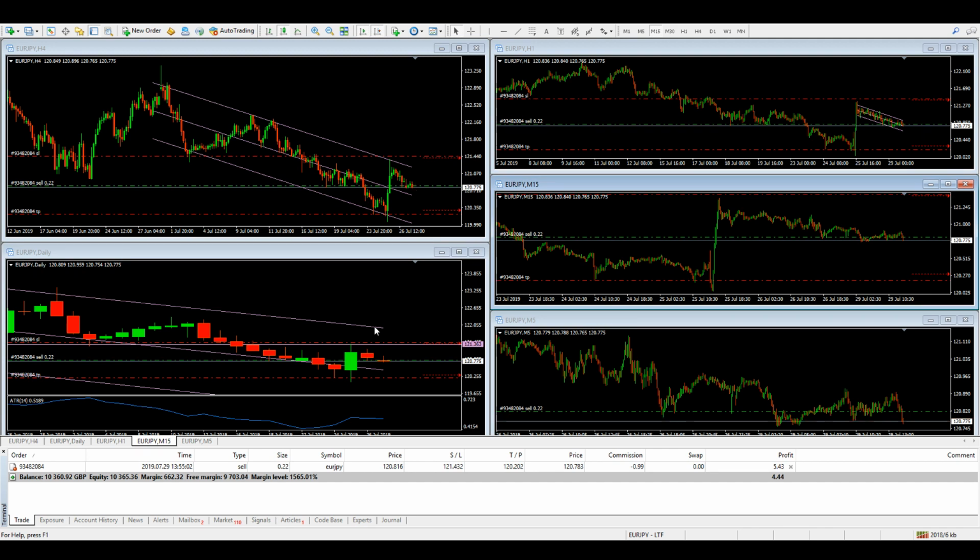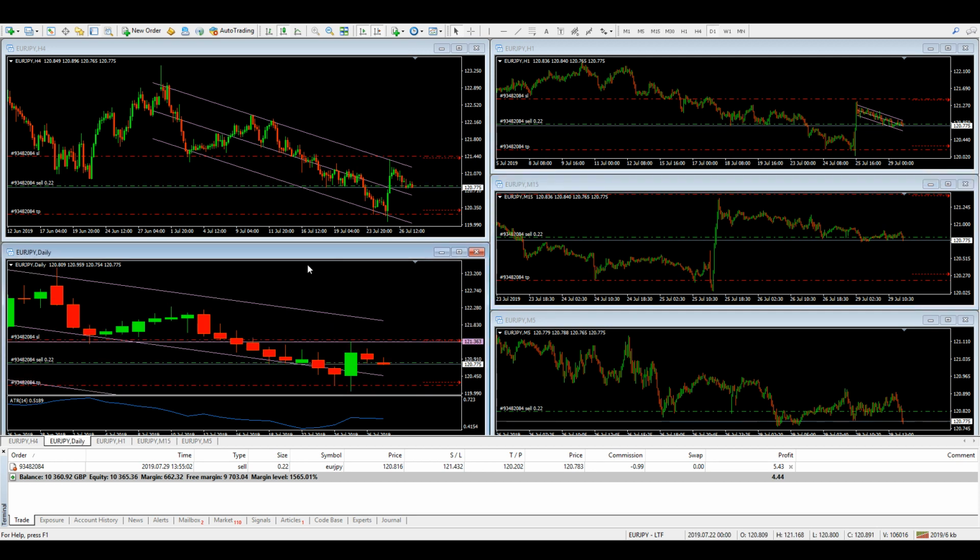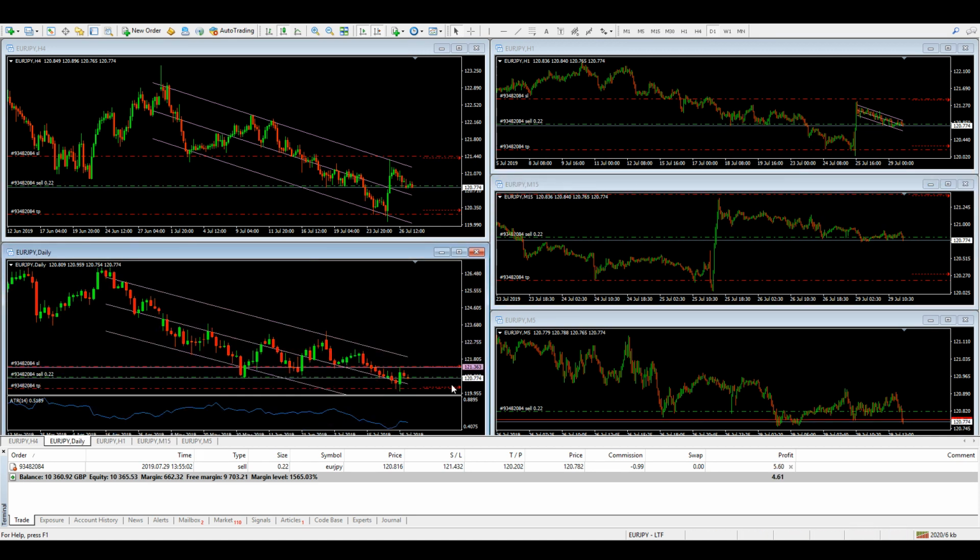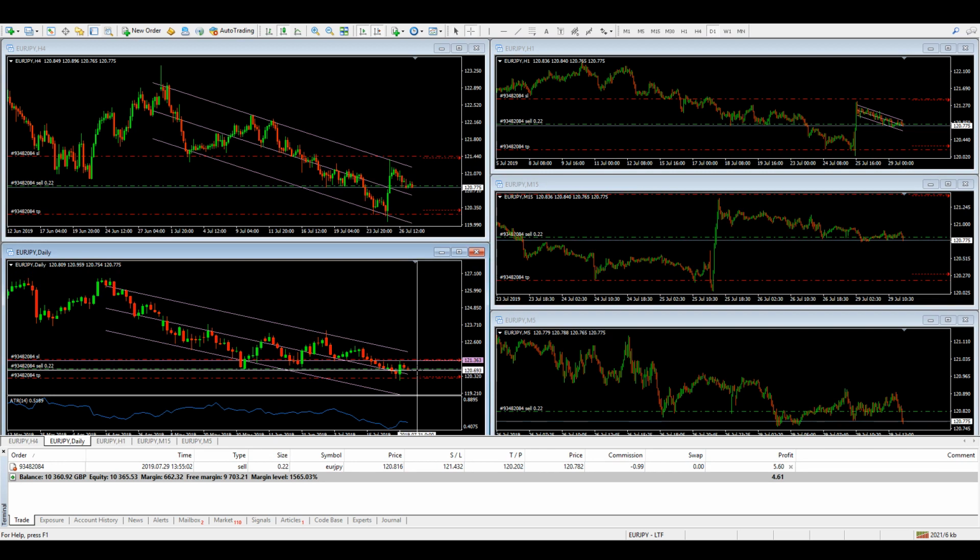So if you set up something where you're trying to take advantage of a bigger move, say down to these kind of levels, so you're going for about 150 pips and you're expecting that to happen within a day or 2 days, just use the ATR as a guide to figure out whether that is really likely to happen.